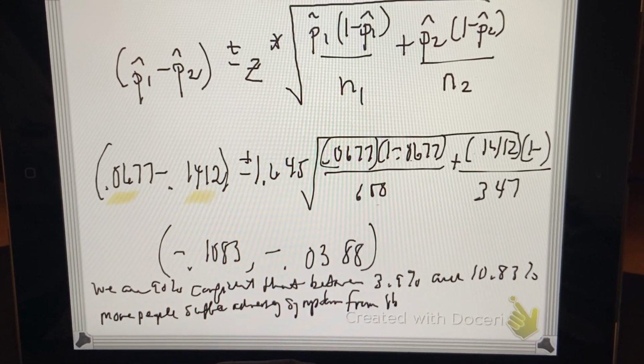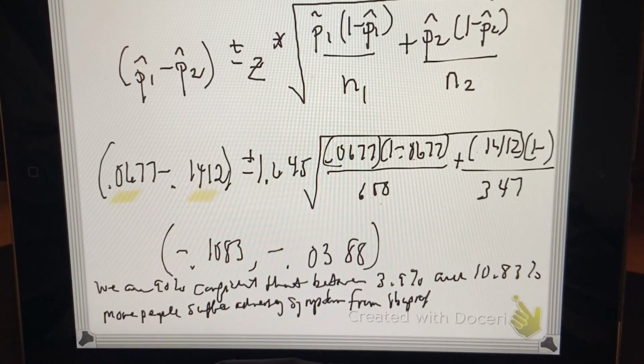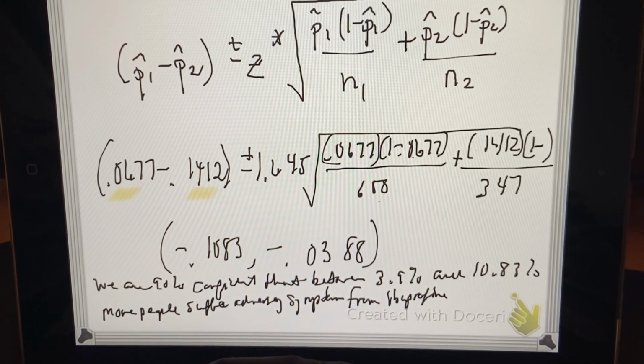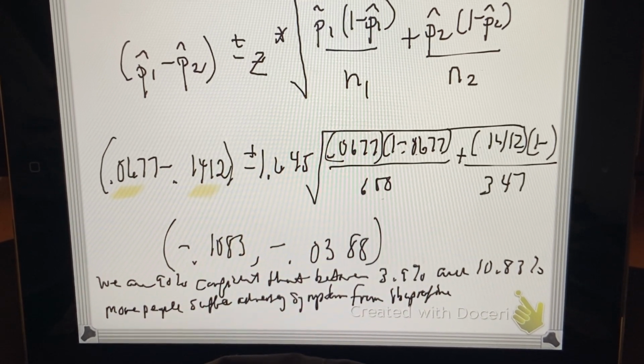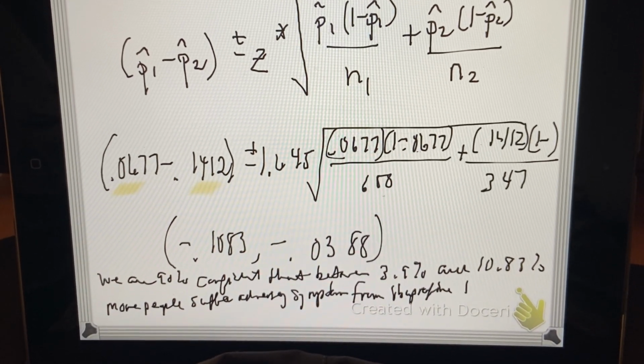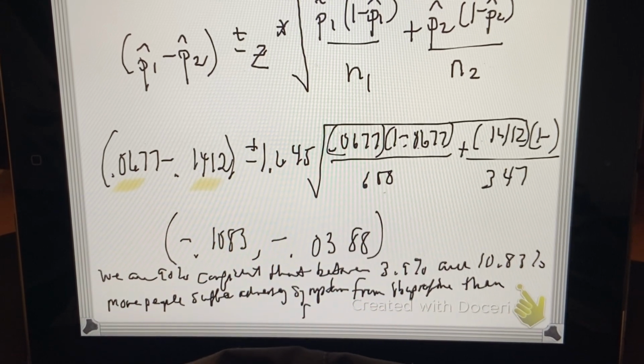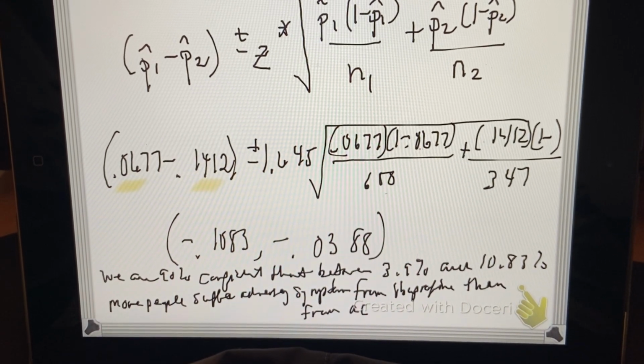Well, it was ibuprofen dominating the sign because it caused my results to be negative. So, suffered adverse symptoms from ibuprofen than from acetaminophen.